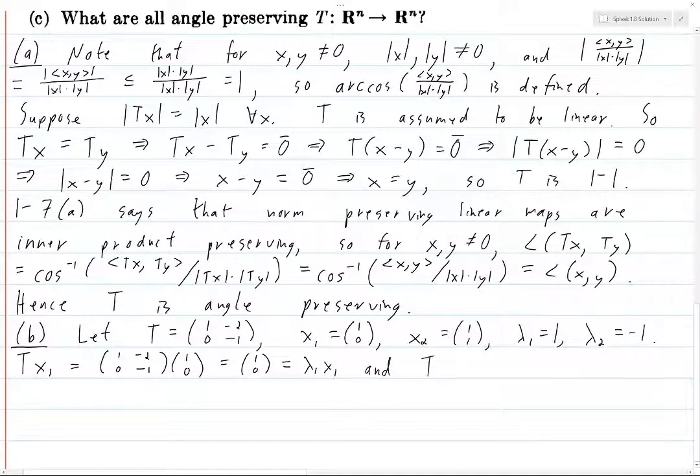Now if we look at Tx2, this is 1, 0, -2, -1 times 1, 1. So this is 1 minus 2, which is -1, and 1 times -1 is -1. So this is -1 times 1, 1, which is lambda 2 times x2.